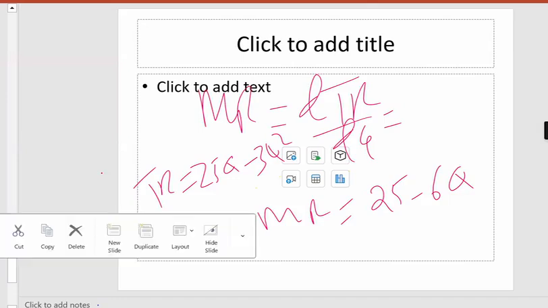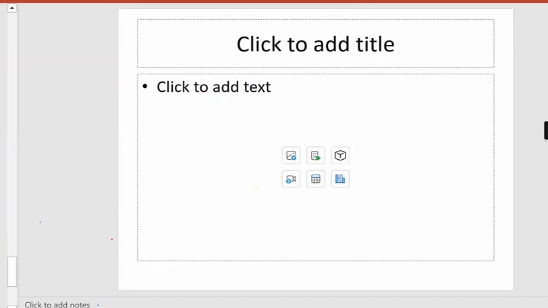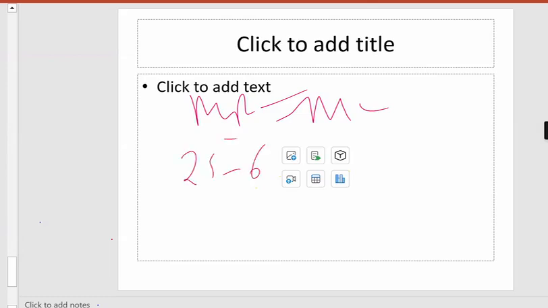Sawa. Condition inasemaje hapa? Marginal revenue is equal to marginal cost. Sasa marginal revenue tumeshaipata ni 25 minus 6Q. Ziko to marginal cost. Marginal cost ilikuwa ngapi? 1. So 1, okay. Hii itakuwa 25 minus 6Q is equal to 1.